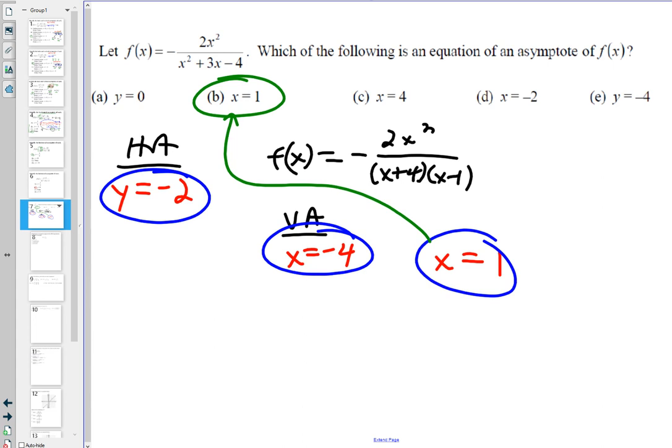If you didn't understand the difference between what constitutes a horizontal and vertical line, if you don't know that horizontal lines start off with y equals and vertical lines start off with x equals, what might you have been tempted to pick? Yeah, D or E, sure. But those are the same numbers, just different variables. How about if you maybe messed up with factoring? What might you have been tempted to pick?